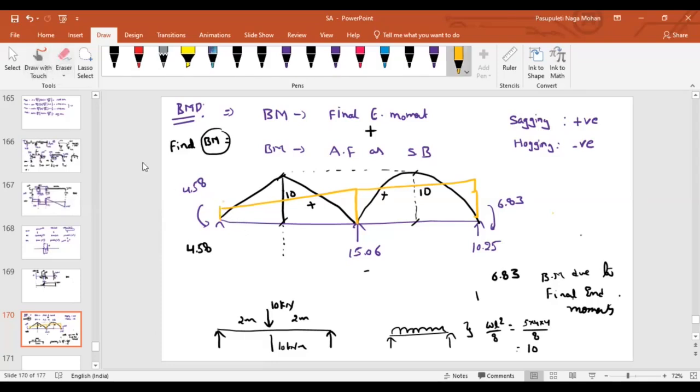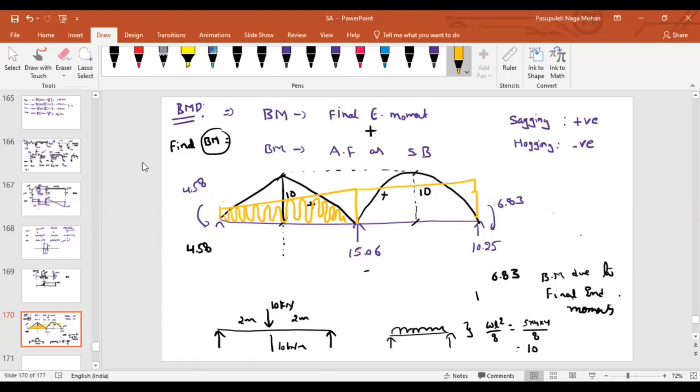Now you can see this portion. This is entirely covered by which one? The shaded portion that I have drawn, is this suppressed by positive values or not?